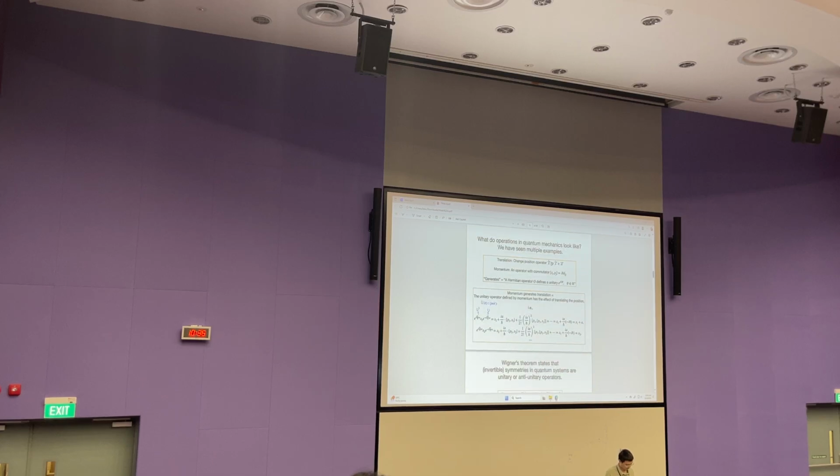I think I said something wrong just now. If I take this as u, what's appearing here is not x plus a, but x minus a. So you see, in this definition, if I call this u and this u dagger.